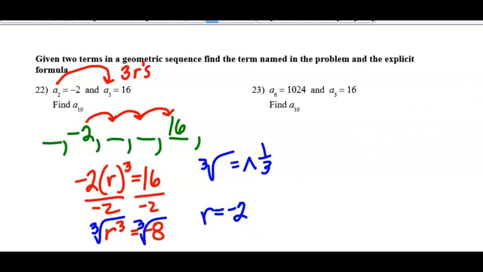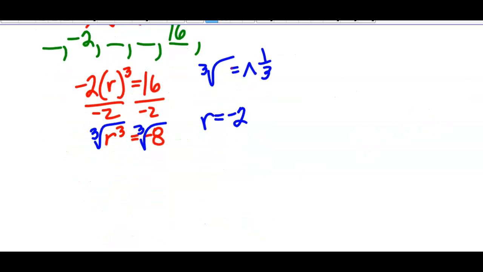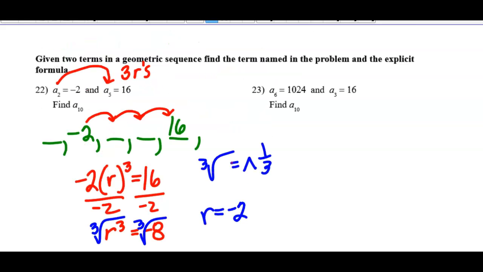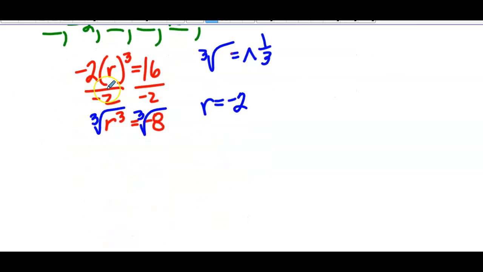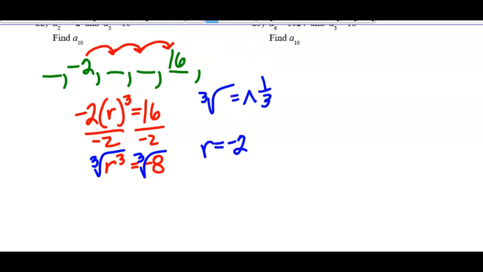All right. So we just found r. What else are we supposed to find? Explicit formula, and then find the 10th term. Oh, we got to be a little bit tricky here. If this is the 2nd term and we're multiplying by negative 2, the next term would be 4 times negative 2. But go backwards, if we divide by negative 2, we get 1. Okay?